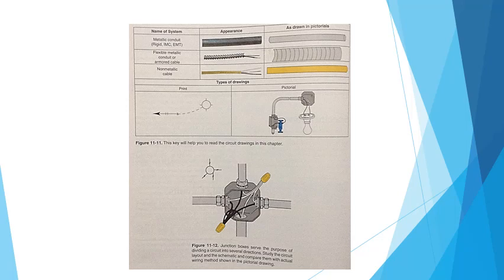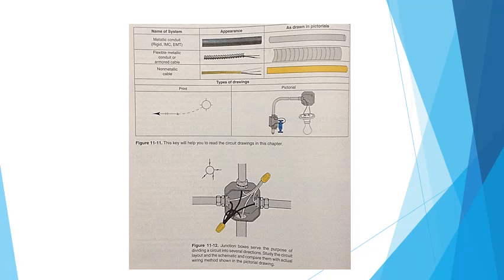Metallic conduit, flexible metallic conduit, and non-metallic cable will be drawn as shown in figure 11-11 on top. As you study the circuits shown in figures 11-12 through 11-27, note the wiring method. Trace the different wires in the pictured drawings until you become familiar with the symbols in the circuit layouts.